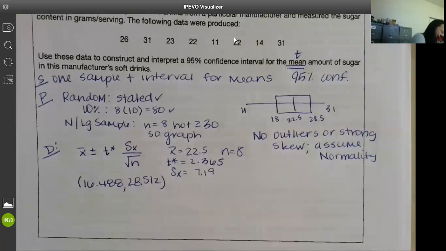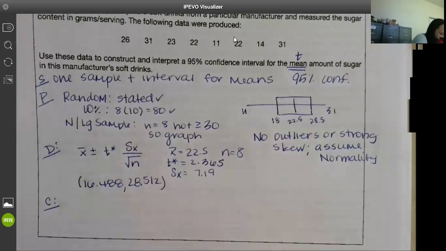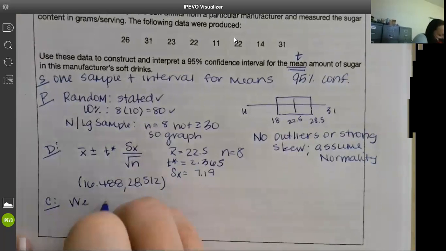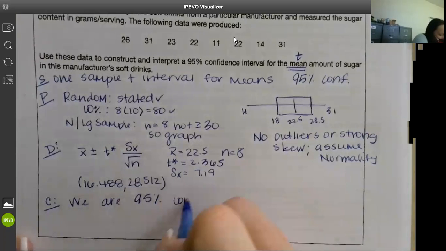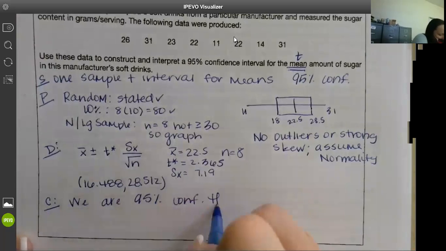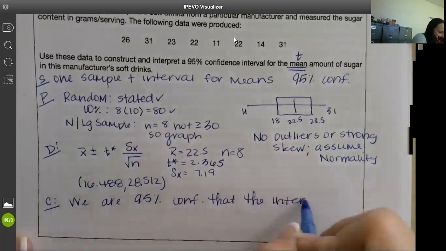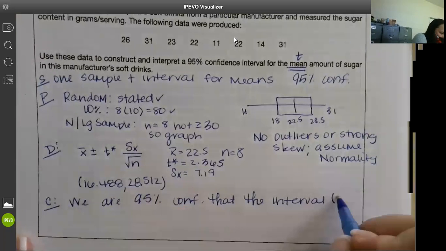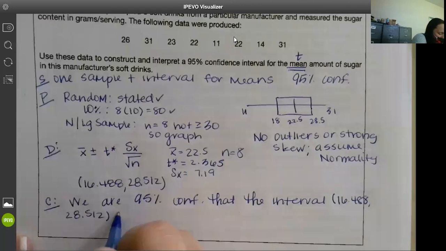All right. Conclude. We are 95% confident that the interval 16.488 to 28.512 captures what?